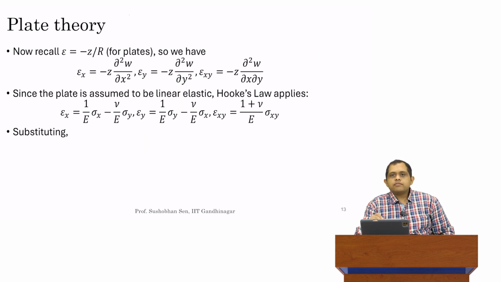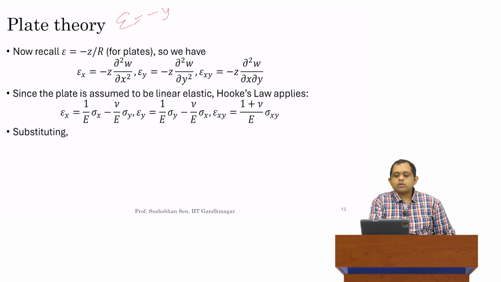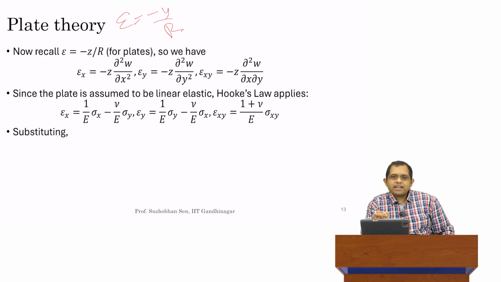Now, recall that we derived the relationship for a beam, epsilon is equal to minus y over r, where y was the distance from the neutral axis for a beam. We look at it in a different way for a plate. In a plate, x and y are our horizontal directions, and so we take z as our vertical direction.